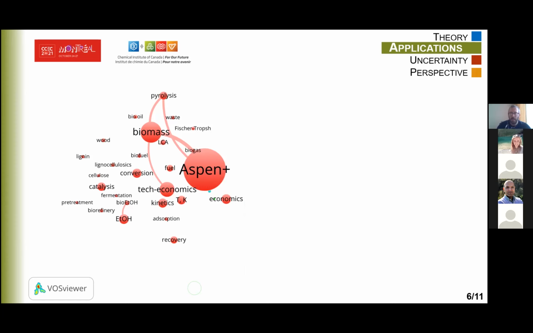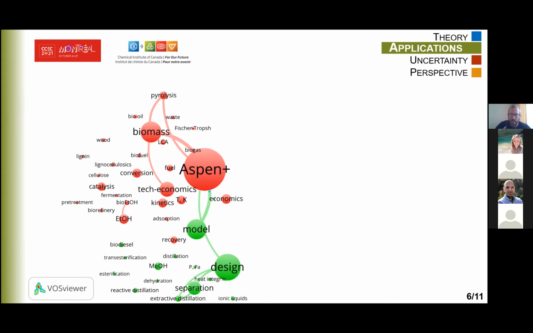So the main word is Aspen Plus, which is the most employed software in chemical engineering. Closely related, we have techno-economic analysis and economics. This is because one of the main objectives of process simulation is to estimate capital and operative expenses. In our article, we give an overview of the most employed methods to calculate cost. So I refer you to the article.